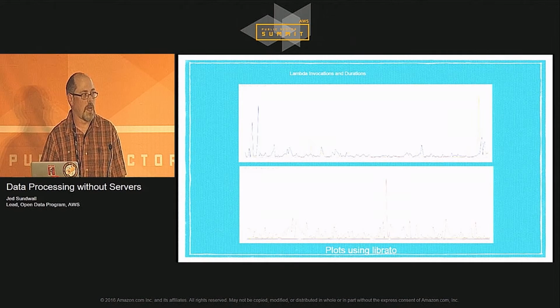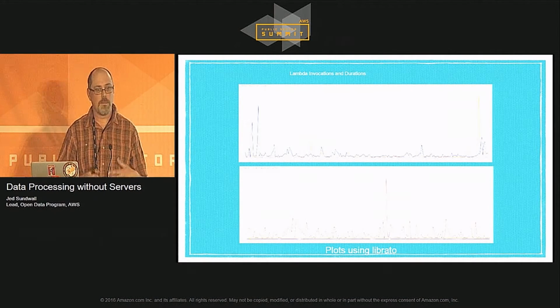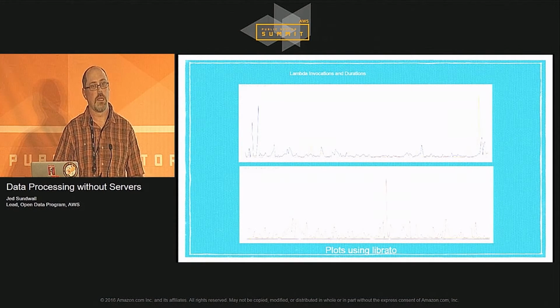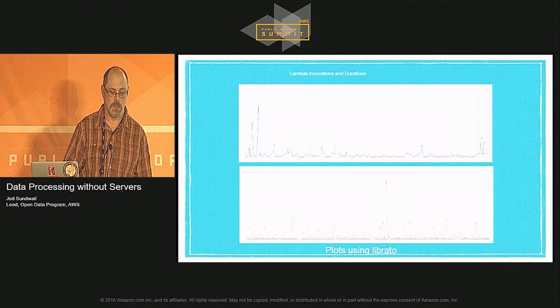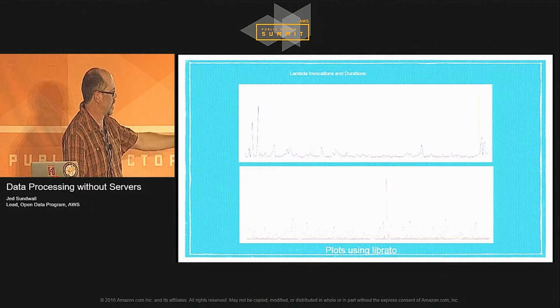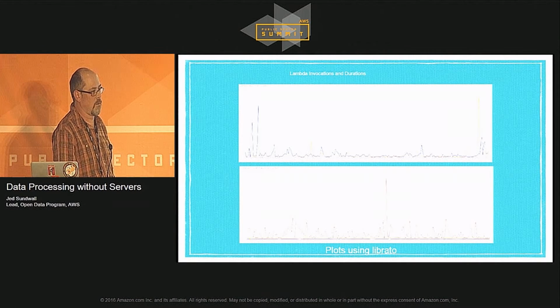We didn't want to have an EC2 up that was ready to process. Lambda was the perfect solution because it's low cost, and when it's not processing, it doesn't cost us anything. So that was key. And this is showing the duration of the Lambda function down here, which is generally less than a second.